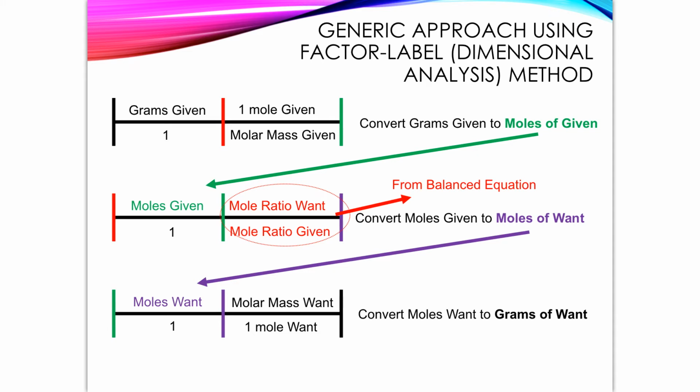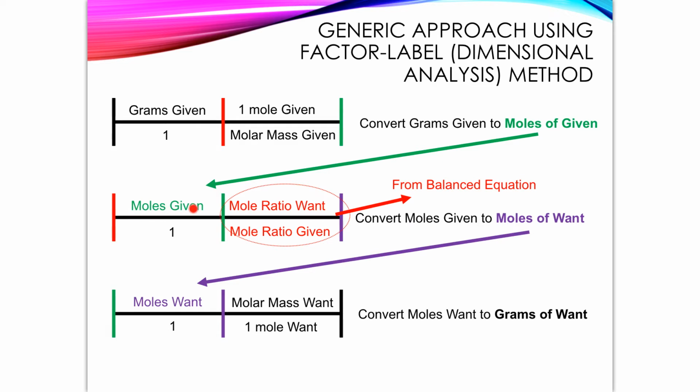Okay, if you remember from the slide before, I said we're doing three different calculations. We're going from grams to moles, moles to moles, moles to grams. So if we set it up as a standard picket fence or dimensional analysis, we start out with grams given. We use the molar mass to convert to moles. Once we have this calculation done, we have moles given. That answer is the start point for our next step, the mole-to-mole conversion, which we just did.